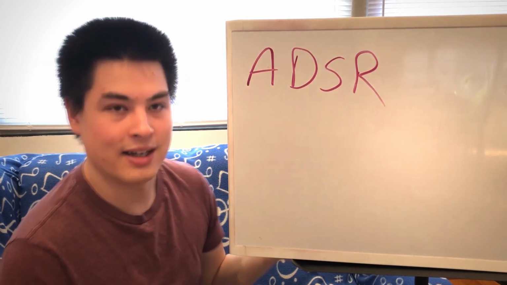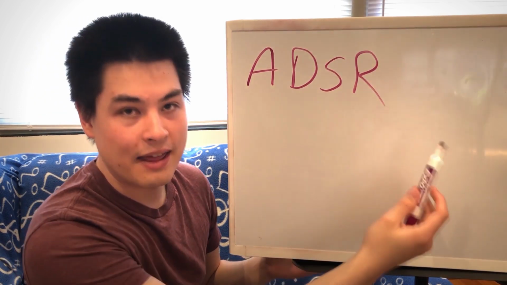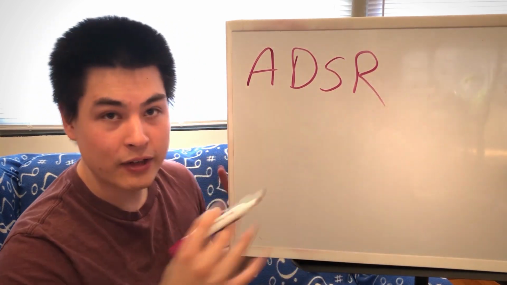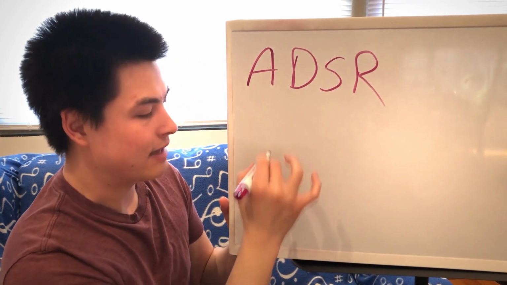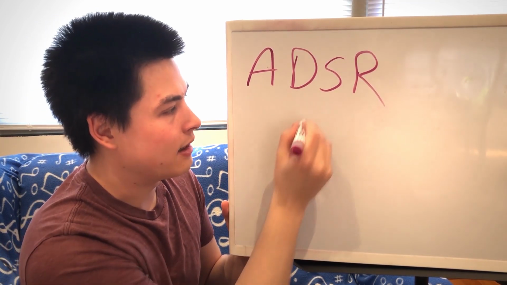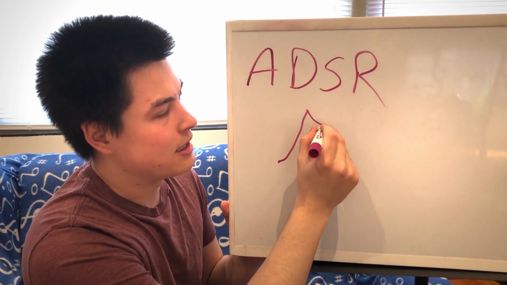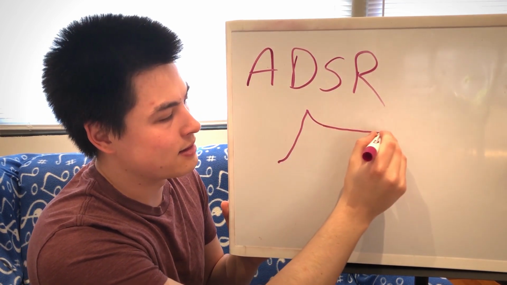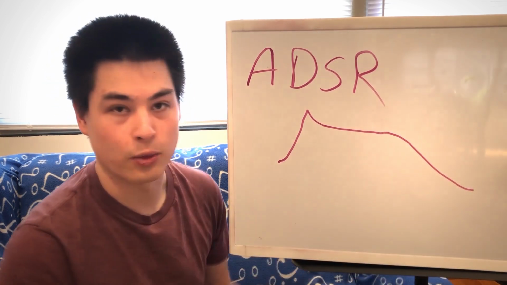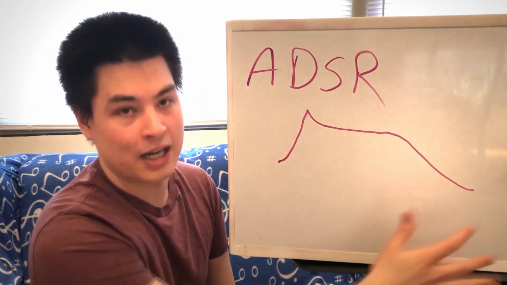ADSR is the idea of attack, decay, sustain, and then release. So every sound really has an attack where it goes from no sound at all to sound. Then there's a little bit of decay usually from the initial attack, and then there's a sustain, and then there's a release where the note finishes off. So this is the audio model.